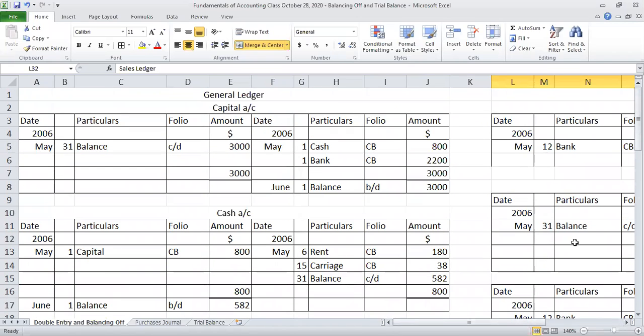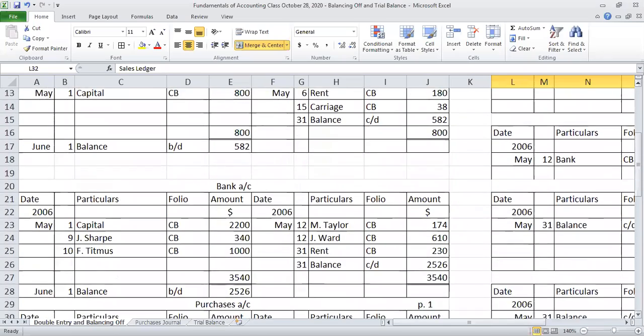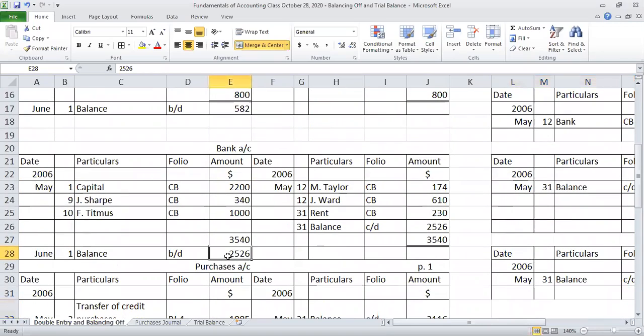All right, so for cash now, I went to bank first. The bank account now has a debit balance of 2,526. Good.